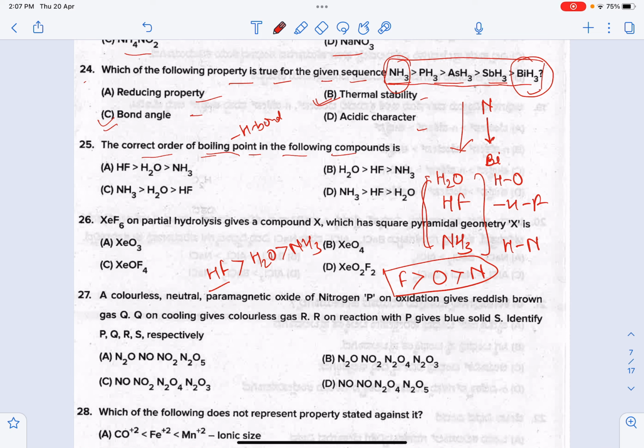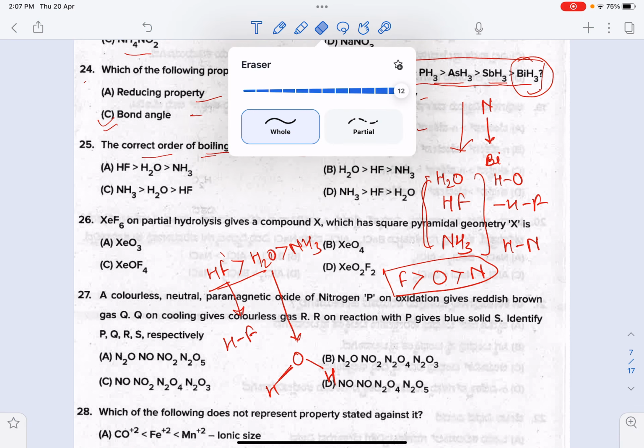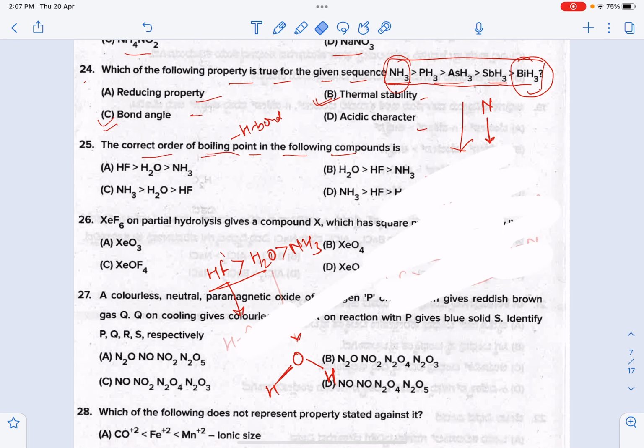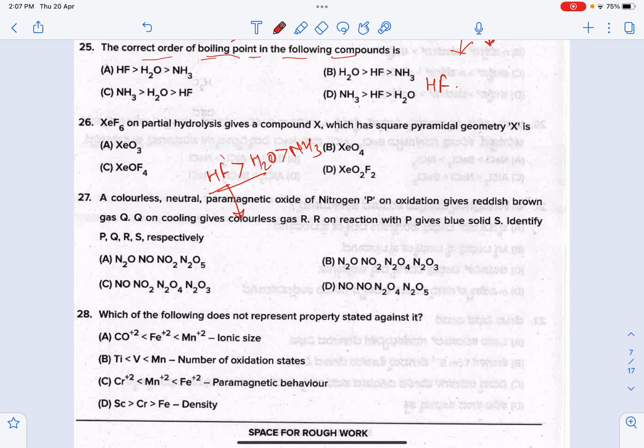But here there is only one hydrogen bond per HF. What happens in H2O? In H2O there are two hydrogen bonds. Let's try to understand what I want to say. Just like HF, you can see that an HF molecule can bond with only one other HF molecule.